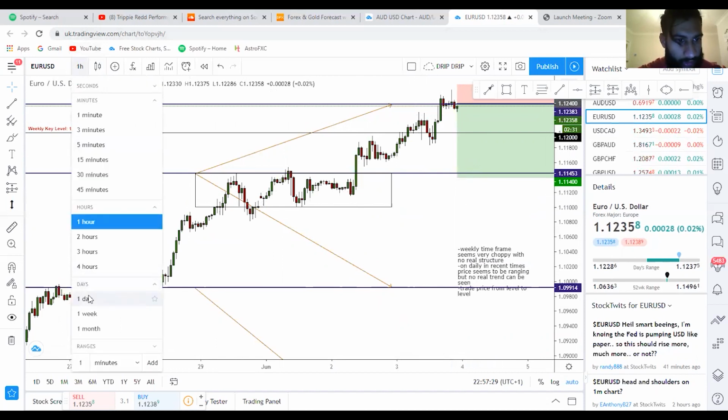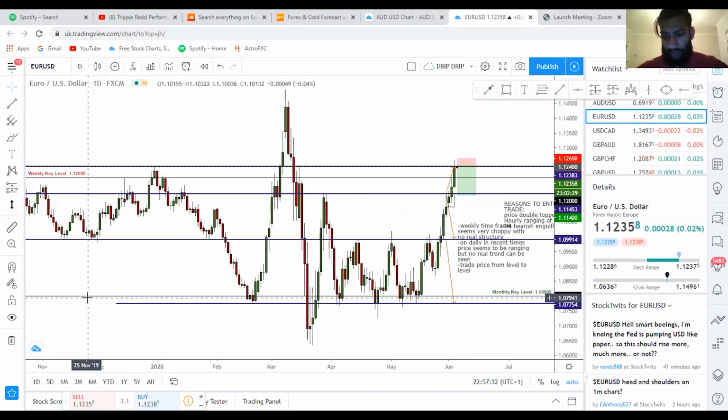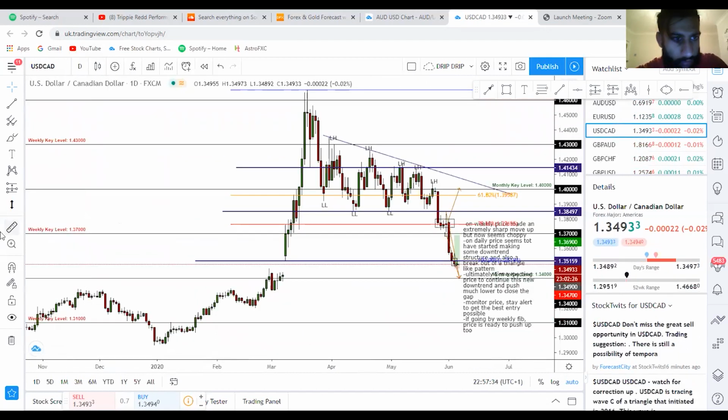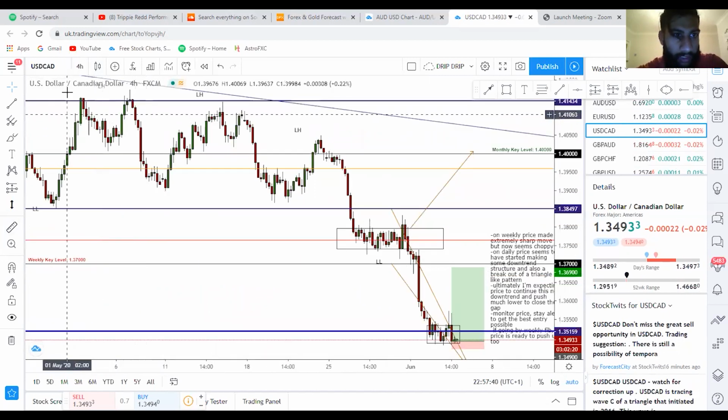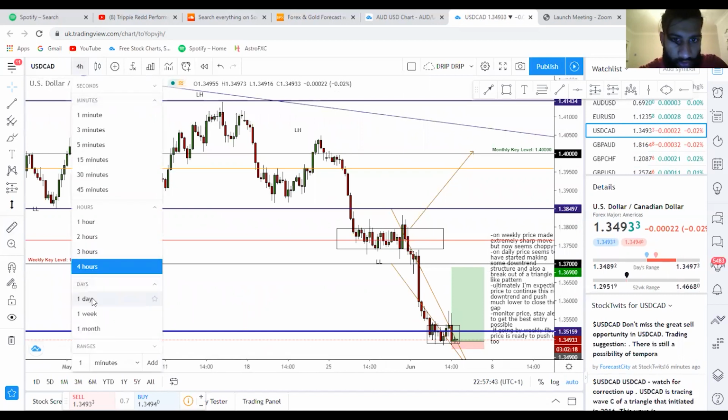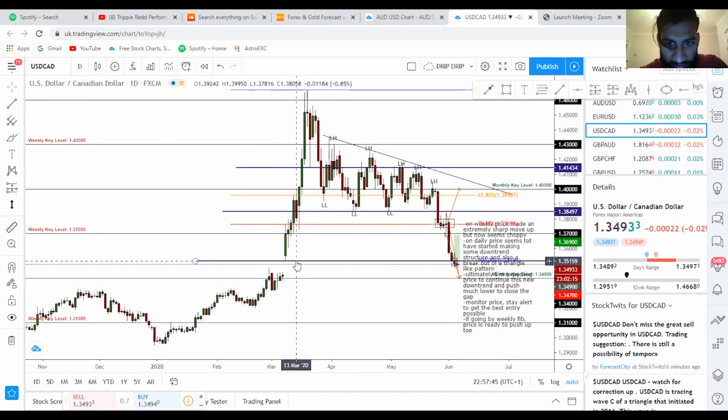On this, let's have a look at USD CAD, because I think I'm in a position for that as well. Yep. Is that position still valid though? That's the question. Actually, let me explain why I took the position. As you can see, this is a level of support previously.